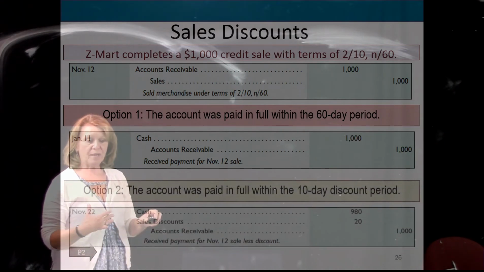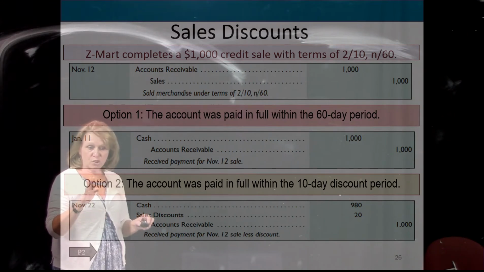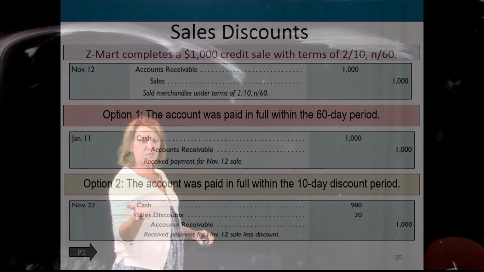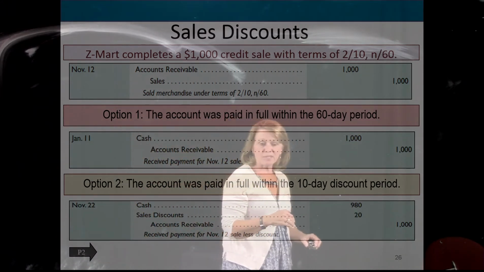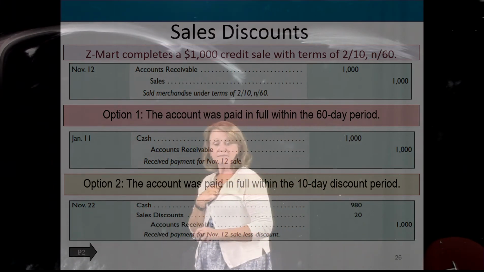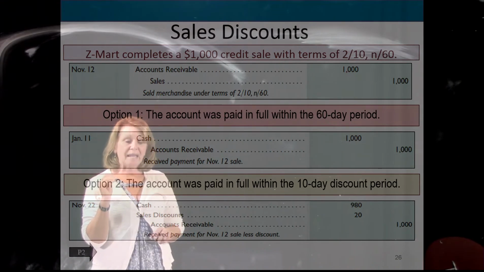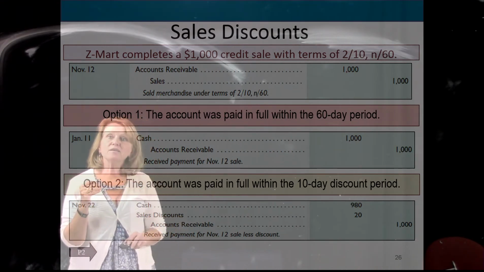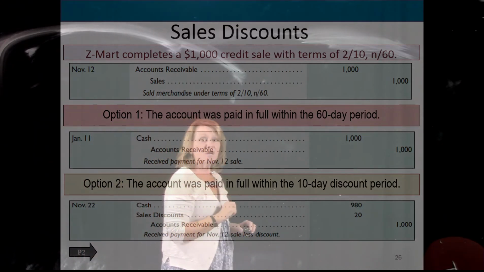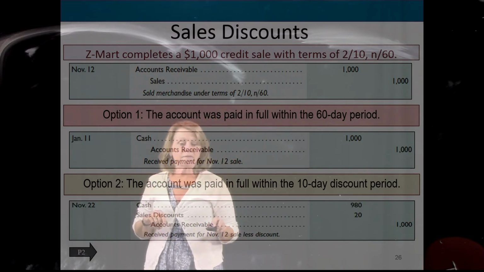If the account was paid in full within the 60-day period, $210 net $60 were our terms to someone else, then we get cash for $1,000 and we credit accounts receivable for $1,000. If they pay it within the 10 days for our terms, on the 22nd, we get cash of $980 and a sales discount of $20, and we still give the credit of the full $1,000 to accounts receivable to clear that out of our asset account.